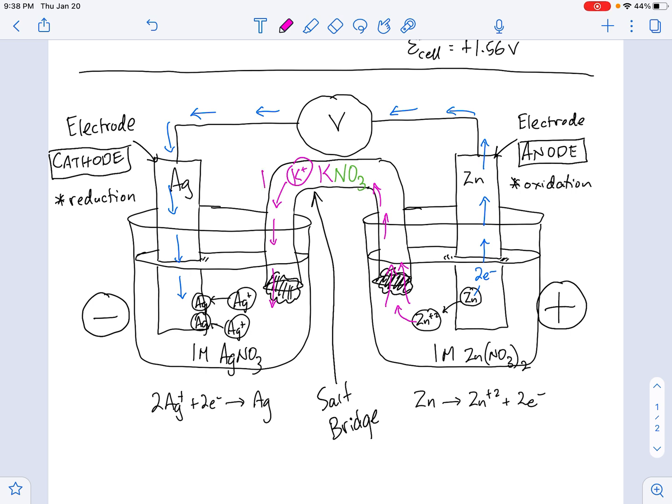So you will get this migration of cations, the positive ones, migrating out of the anode beaker towards the cathode beaker. They literally get attracted towards the cathode, and thus the name of the cathode. So cathode is named that way because cations, the positive ones, migrate towards the cathode. That's why it's called cathode.